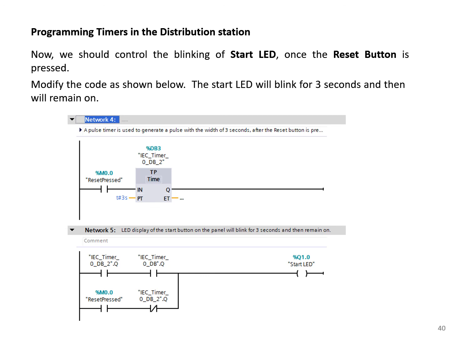And here we have this pulse timer with 3 seconds added to the code. And also here we have this network 5. Read the description here. LED display of the start button on the panel will blink for 3 seconds and then remain on.